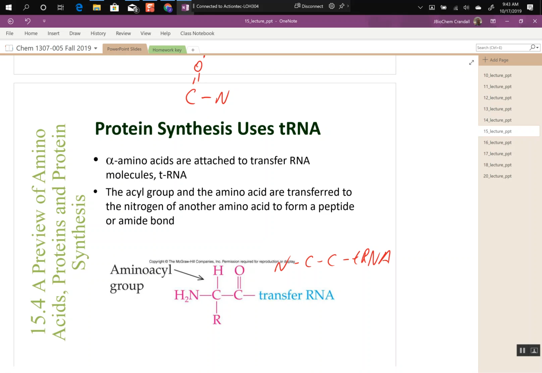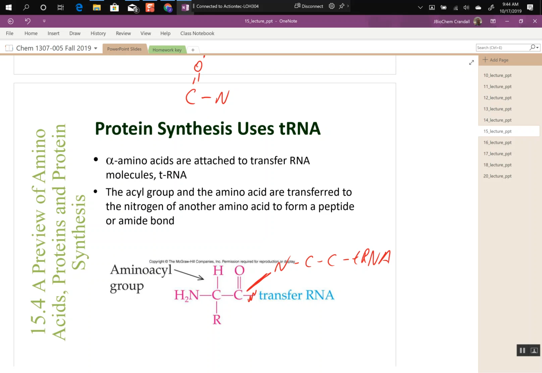The tRNA is like that chloride, and it's going to be released, and you're going to form this amide bond right here, and this gets broken. The tRNA is now amino deacylated. It goes off, and it can become amino acylated. You're going to put another amino acid on it. Okay, so it's going to get recharged, and you can use these tRNAs again and again and again.